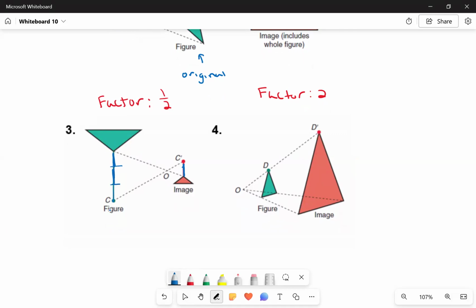So I'm thinking from the original to the smaller one, that the factor might be a third.